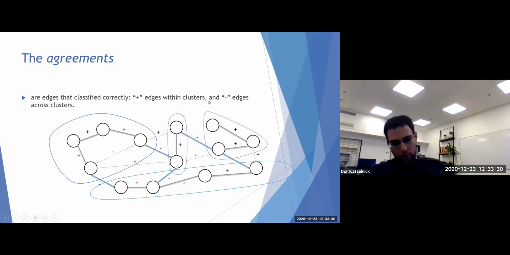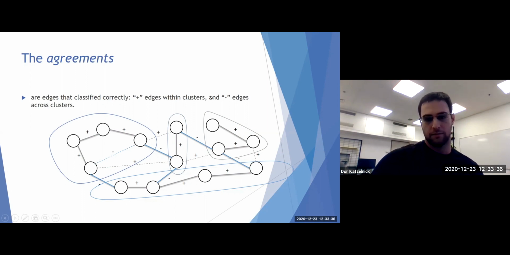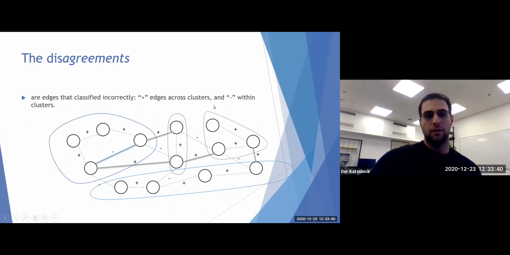So we can try to maximize the number of agreements. Another way to measure how good the clustering is, is to look at the disagreements, which are the edges that are classified incorrectly. These are the edges that cross between clusters, like this plus edge, or the minus edges that are within clusters.